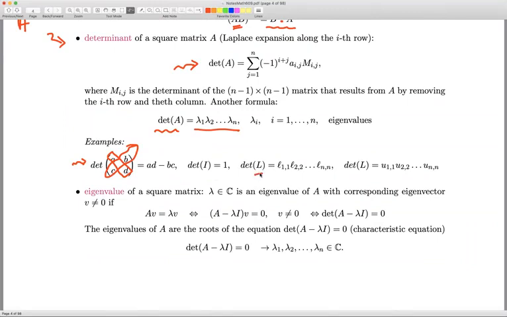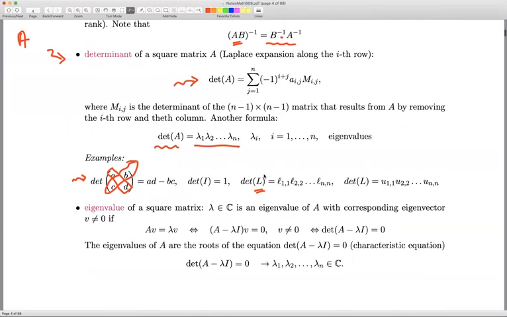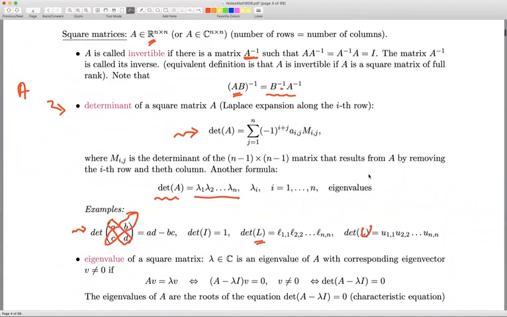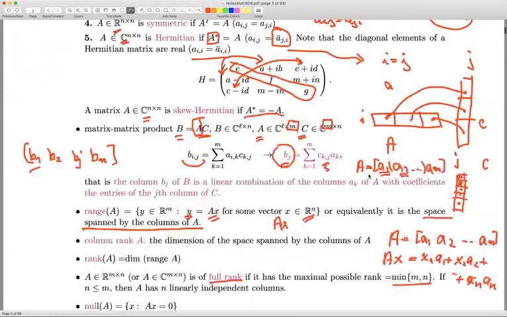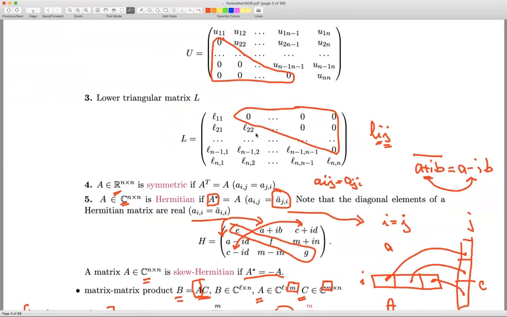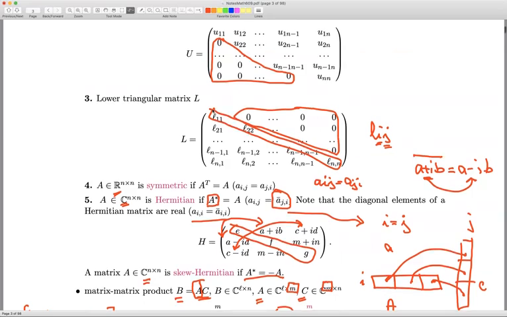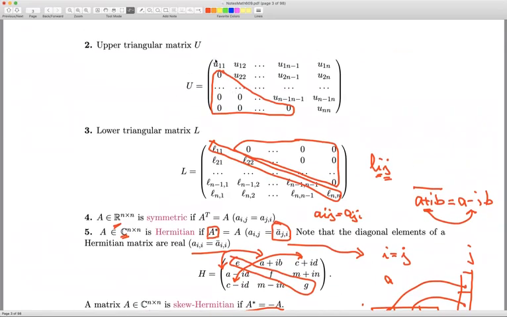The determinants of the lower triangular matrix, and here should be U, and the upper triangular matrix that we just defined are easily computed because they are just the product of the elements on the main diagonal. So if we have a lower triangular matrix, the determinant is the product of the elements on the main diagonal. And if you have an upper triangular matrix, the determinant is just the product of the elements on the main diagonal.